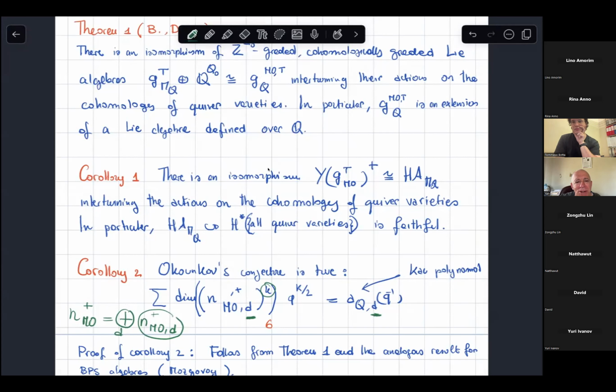So it's two-dimensional Calabi-Yau, but I thought in terms of three-dimensional Calabi-Yaus, like you can upgrade it. And so my question is whether there is a geometric analog of this Corollary 2, which is written here. On the right-hand side, you would have this Schiffmann analog of the Katz polynomial.